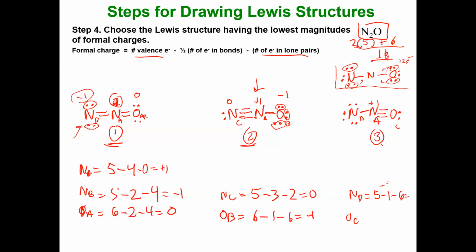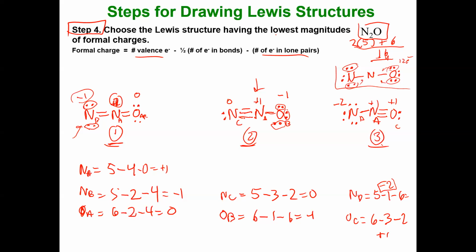That gives me a -2, because 5 minus 1 minus 6, basically 5 minus 7, is -2. Then if I go to the oxygen, remember it hates 3 bonds: it has 6 valence electrons, minus 3 bonds, minus 2 electrons in a lone pair, gives me +1. And it hated being +1 because it's electronegative. So right off the bat, using step 4, I can eliminate Lewis dot structure number 3 for dinitrogen oxide.